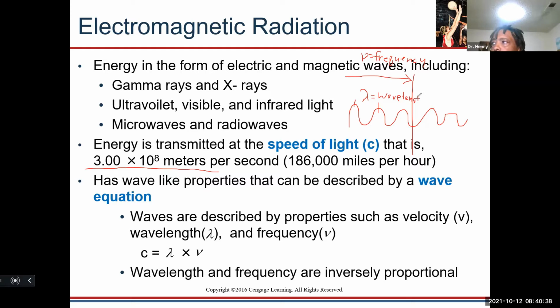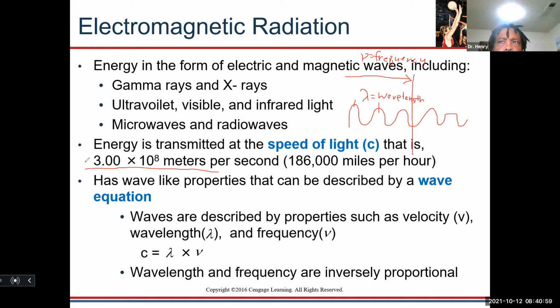So if we multiply these together, how many oscillations happen per second times that distance traveled, that's going to give me the speed, right? Which is the speed of light. And the speed of light is always a constant.